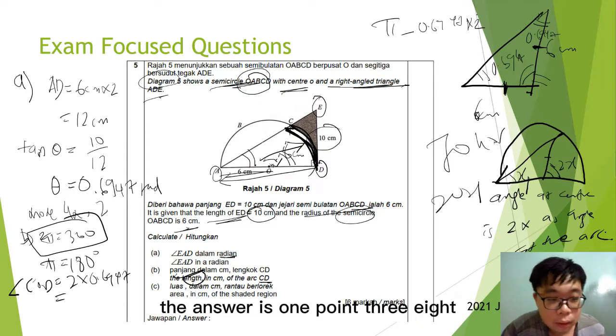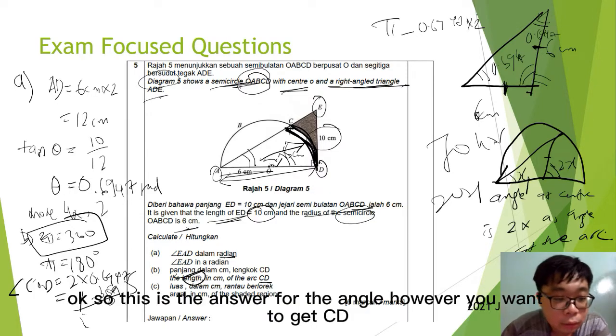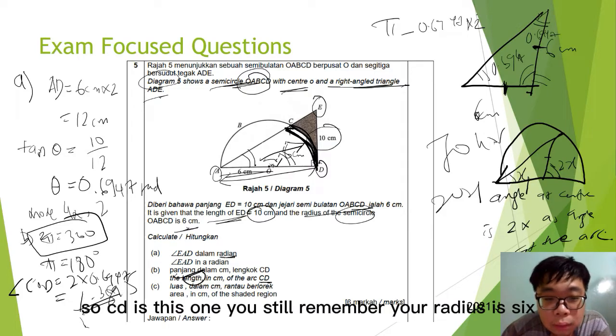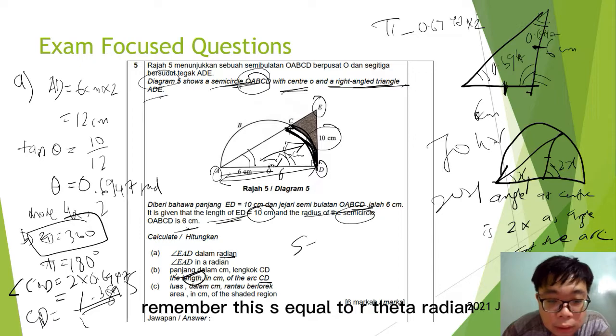The answer is 1.3895. Okay, so this is the answer for the angle. However, you want to get CD. So CD is this one. You still remember you have this 6. So when you want to get this CD, you should take s equals, you still remember, s equals r theta in radian.